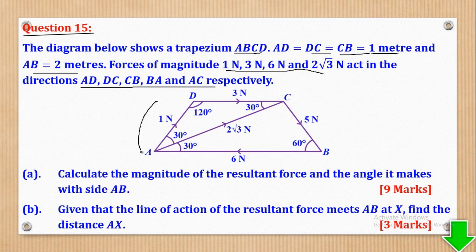So they helped us and drew the diagram. Part A says, calculate the magnitude of the resultant force and the angle it makes with side AB. Then part B, given that the line of action of the resultant force meets AB at X, find the distance AX.